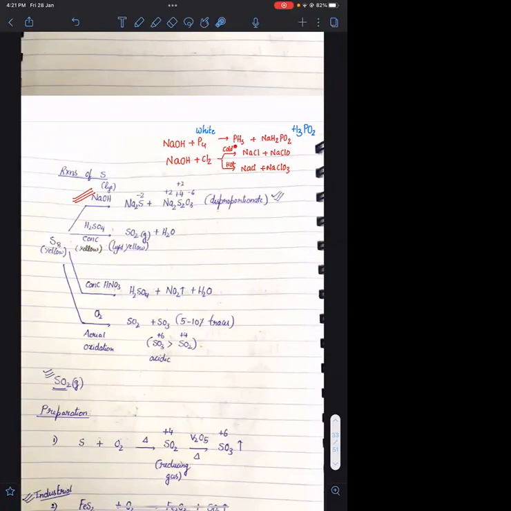Okay, with Cl2 you have 2 different reactions, with cold and with hot. With cold it is converting into NaClO, sodium hypochlorite, and NaCl. Here we will also see another reaction ahead. Rather than reacting that with NaOH, if you are simply dissolving Cl2 in water, you will get HCl plus HClO.